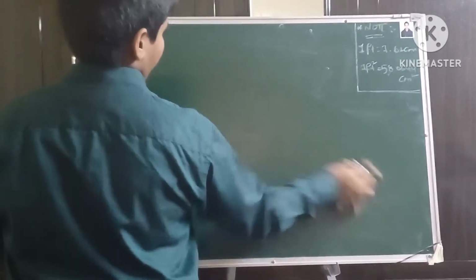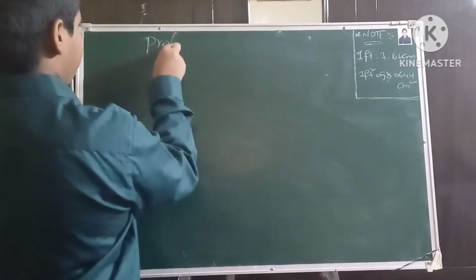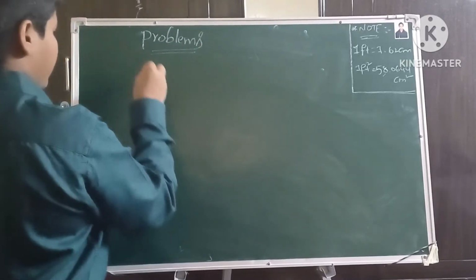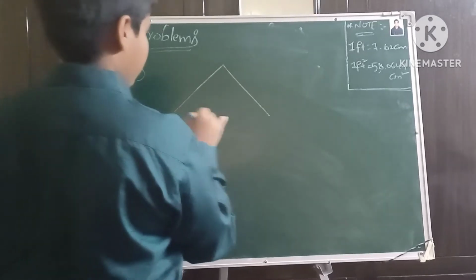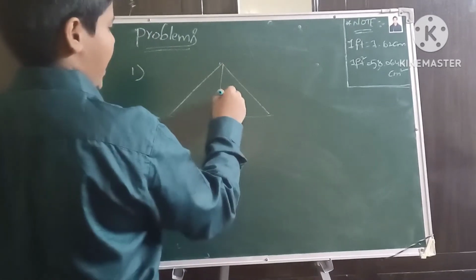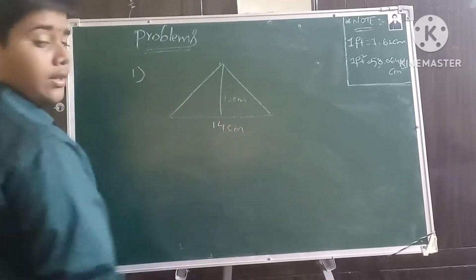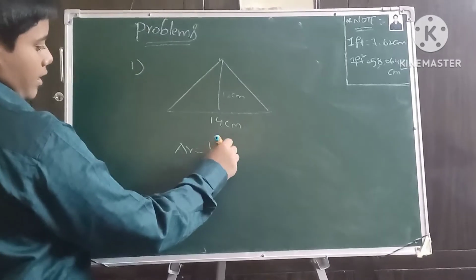And the problems. In the first question they gave this triangle with the height 12 centimeters and the base 14 centimeters, and the area of triangle is equal to half BH.